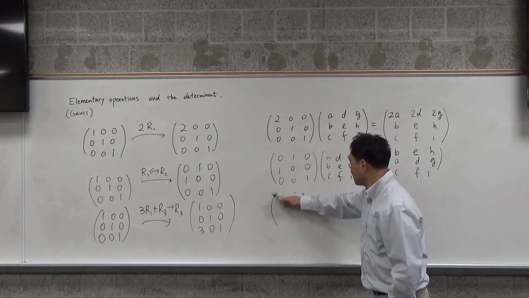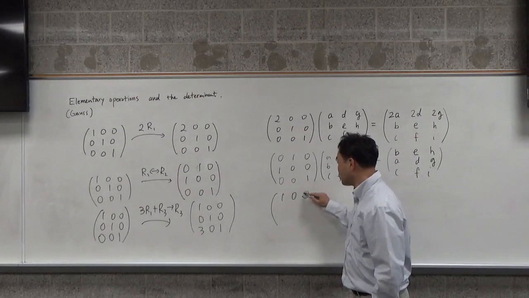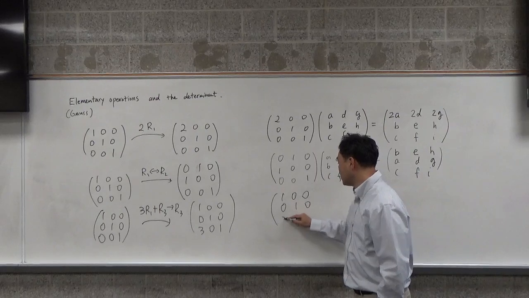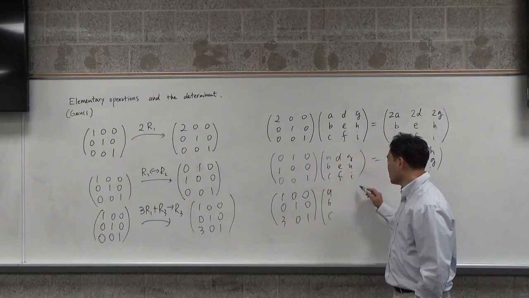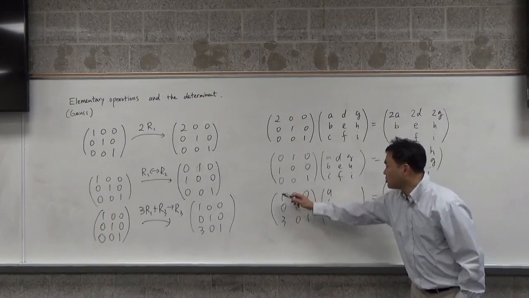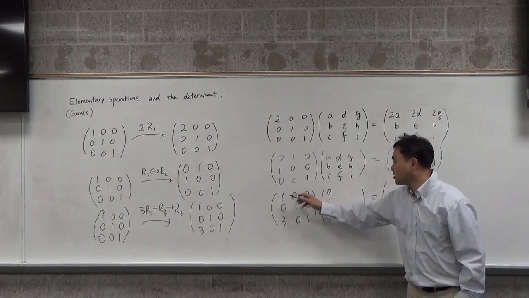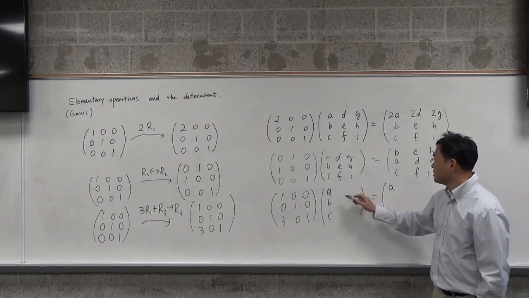The last one is 1, 0, 0, 0, 1, 0, 3, 0, 1. If you do this times this, well, nothing happens. It's just A, right?